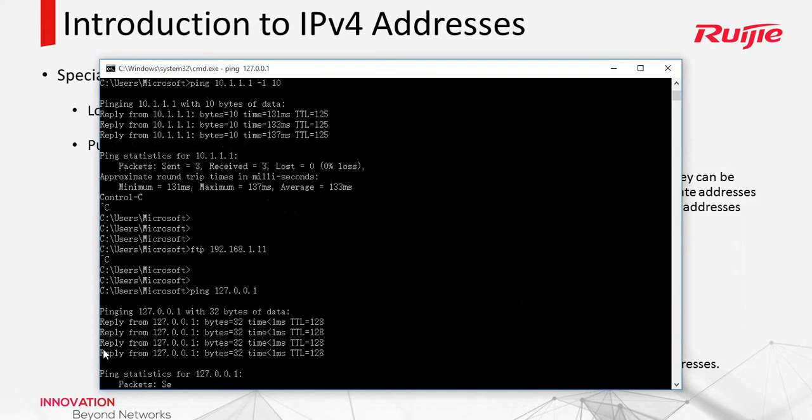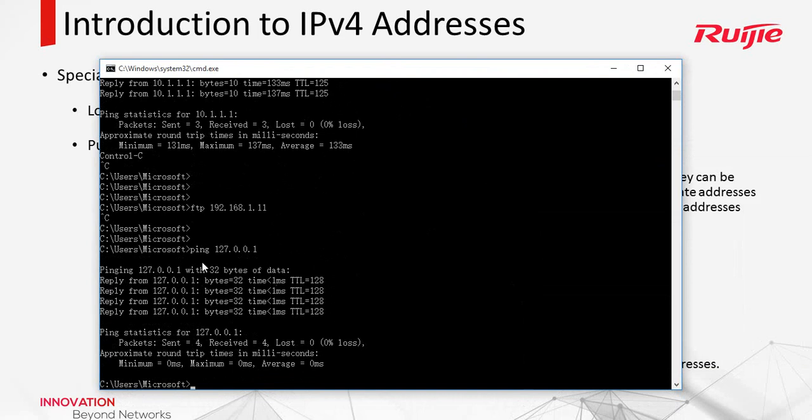And you can find the result, it succeeds. So when I ping this IP address, it means I try to ping this device itself. Normally, it is used to check the physical network card for us. If it failed, there will be some errors.